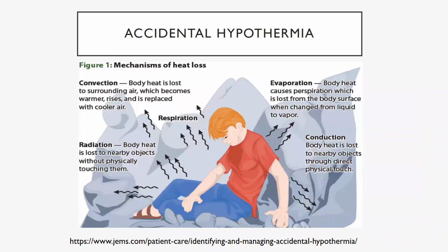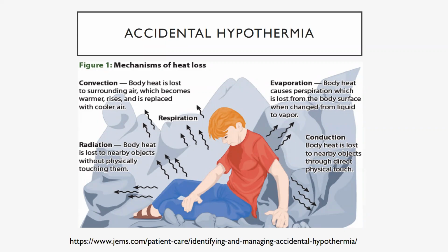So what are some of the mechanisms of heat loss when you encounter hypothermia? Essentially this goes back to your physics lecture in undergrad. The mechanisms of heat loss are usually convection, radiation, conduction, evaporation and respiration.